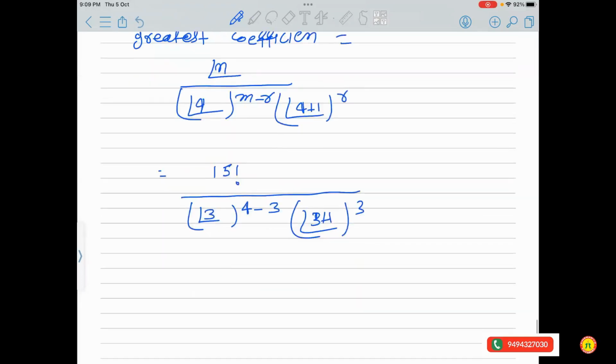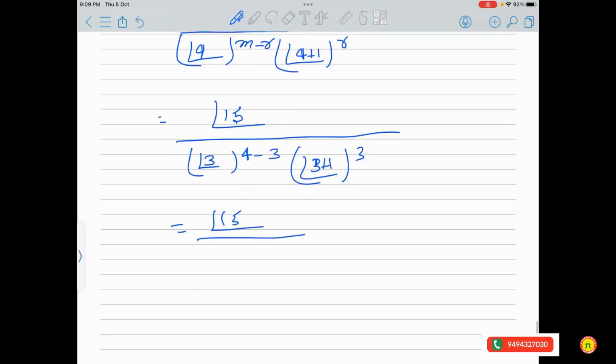So 15 factorial upon 3 factorial power 1 into 4 factorial power 3. This is the greatest coefficient.